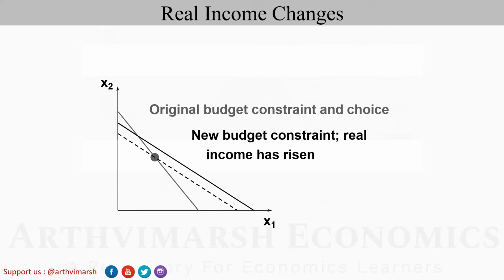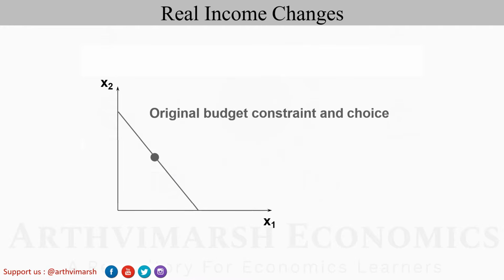If we have to highlight the change in income, or when we say that the real income has increased, how it's shown in the graph is that our budget line is shifting outwards, right? So this is what is being implied, that if the income increases, the budget line shifts to the right.